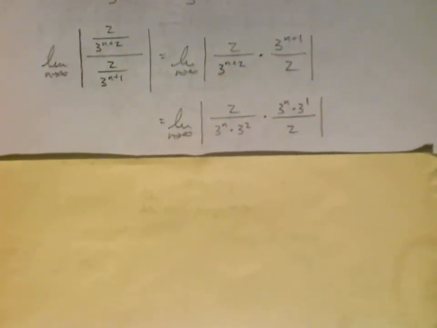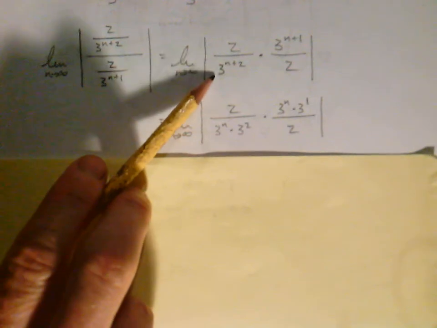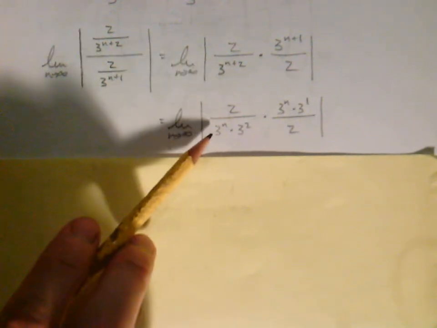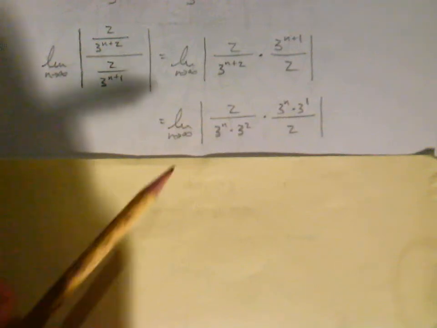Here's what I'd like to do. I'm just going to rewrite the 3 raised to their powers, okay? So 3 to the n plus 2, think of that as 3 to the n times 3 squared. Now, if you're familiar with the laws, the rules of exponents, right?